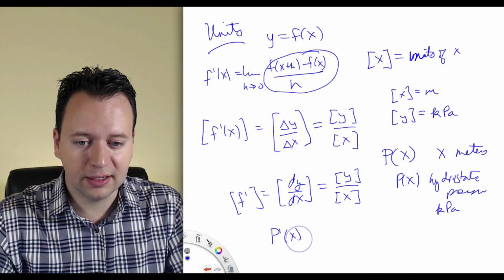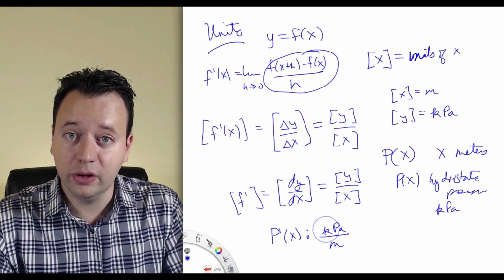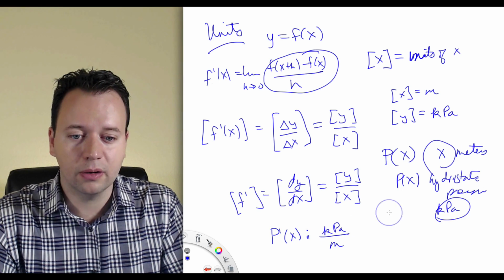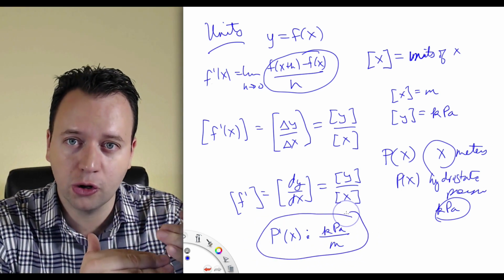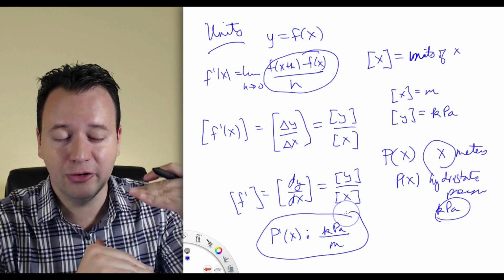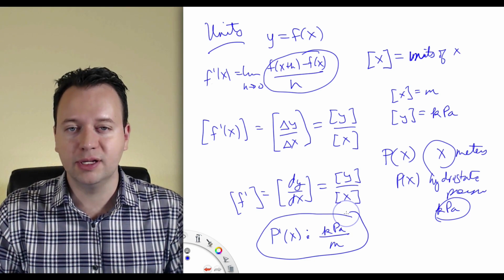P prime of x, the units are going to be kilopascals per meter. The units of y divided by the units of x, kilopascals per meter. That makes sense because what it represents is a change in the amount of pressure per change in additional depth below the surface. And we'll talk about this a little bit soon when we talk about physical interpretations of the derivative.